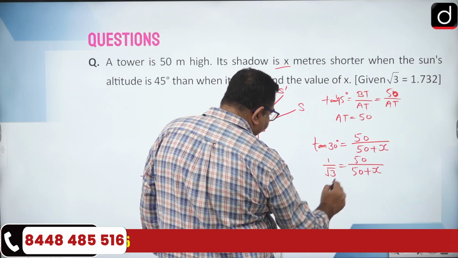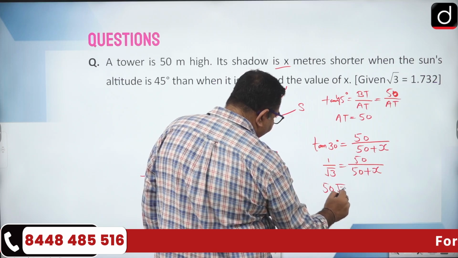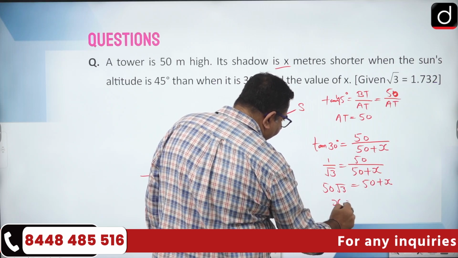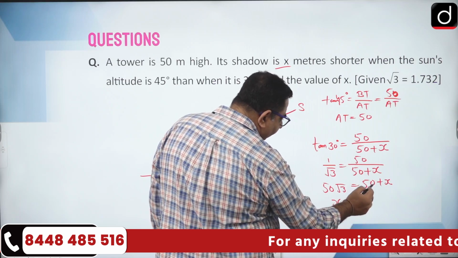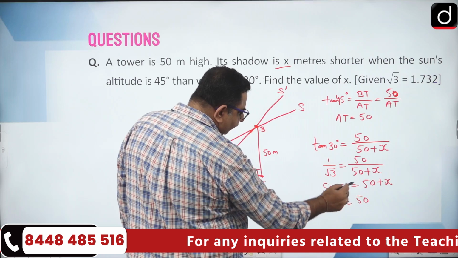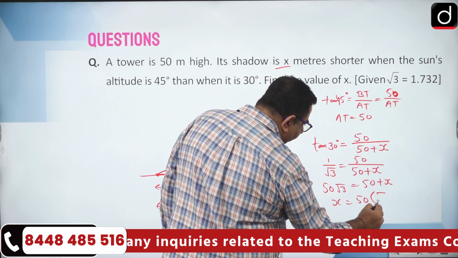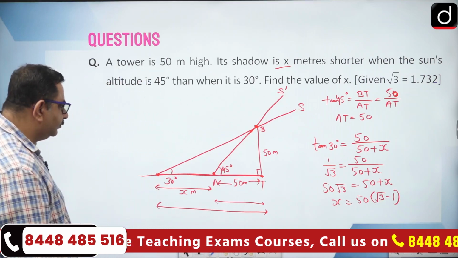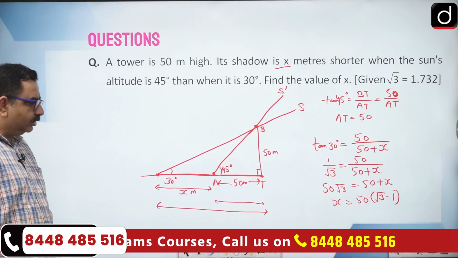So this is 50 root 3 is equal to 50 plus x. So x is 50 root 3, and 50 will come this side, minus 50. So that is root 3 minus 1, so 50 into root 3 minus 1.